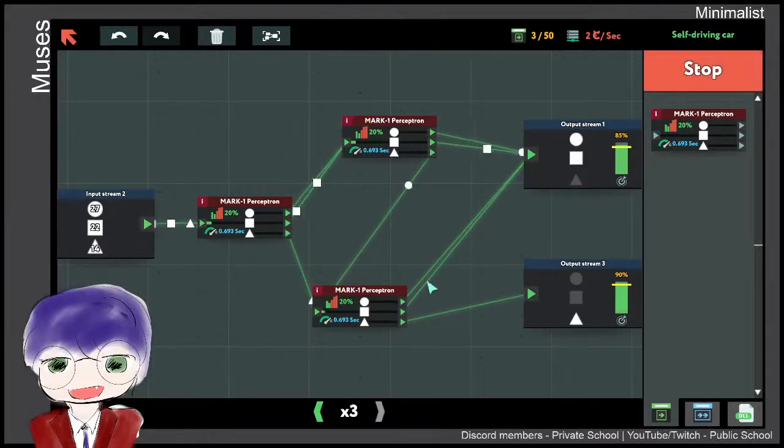Look at the triangles just going off into the... Oh, that's just bad. Why are you all going over there? It's supposed to be a 20% chance. Look at the amount of triangles that are moving off. That's so bad. We're losing so much accuracy.